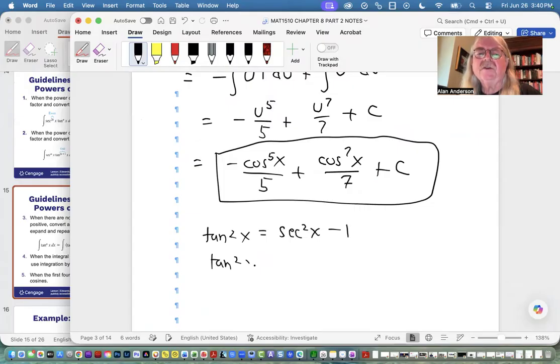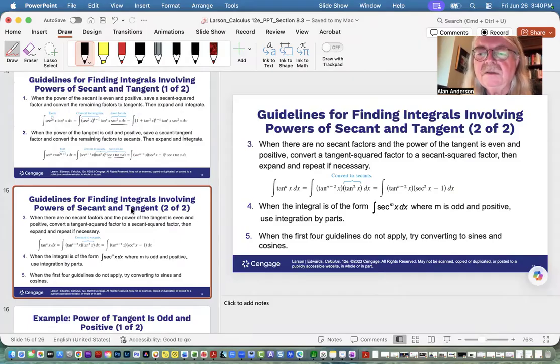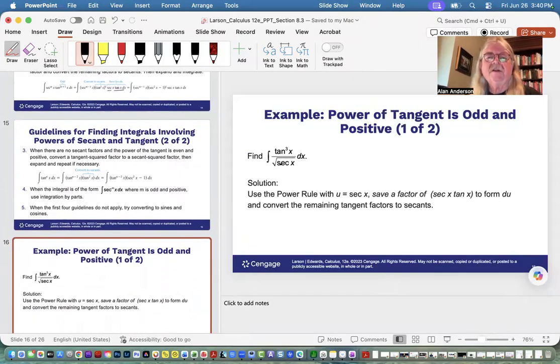That's because the original version was this. Okay, so they, of course, mean the same thing. All right, so why don't we try one of these? All right, so this should be fun.